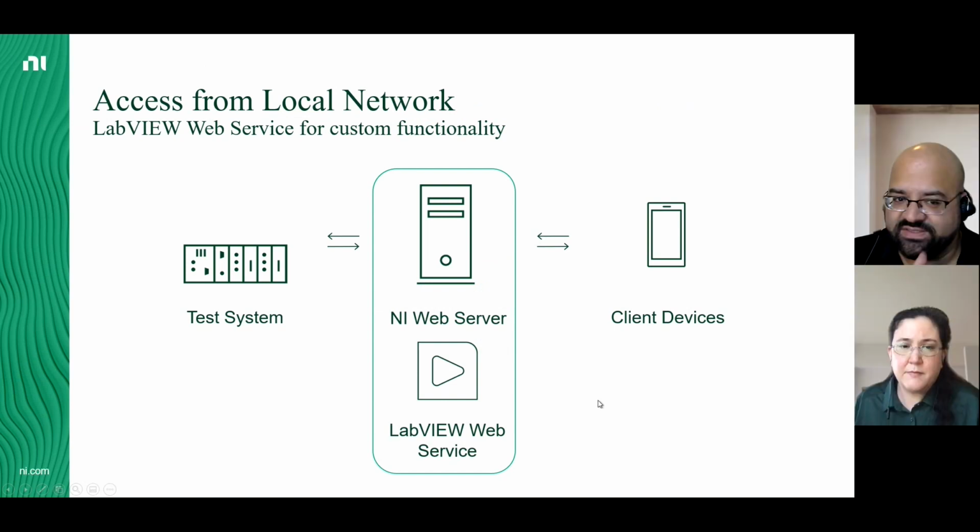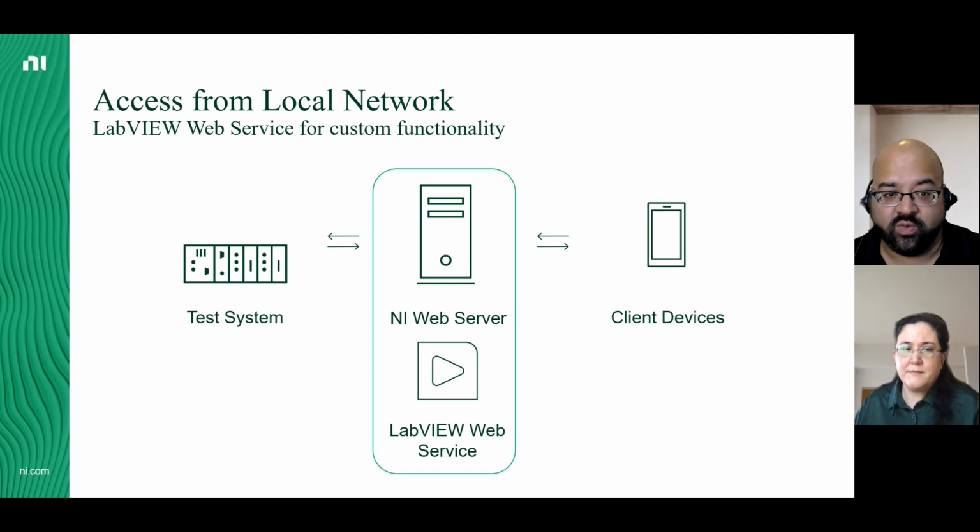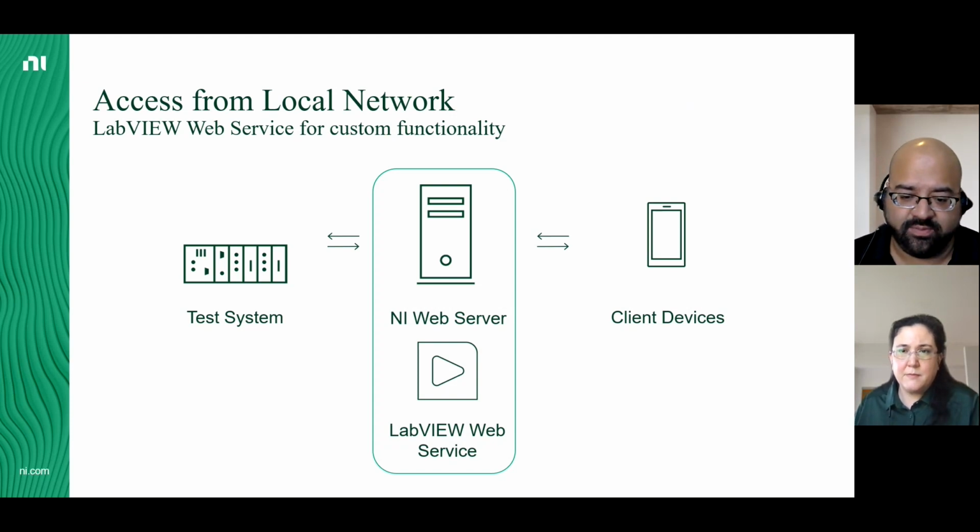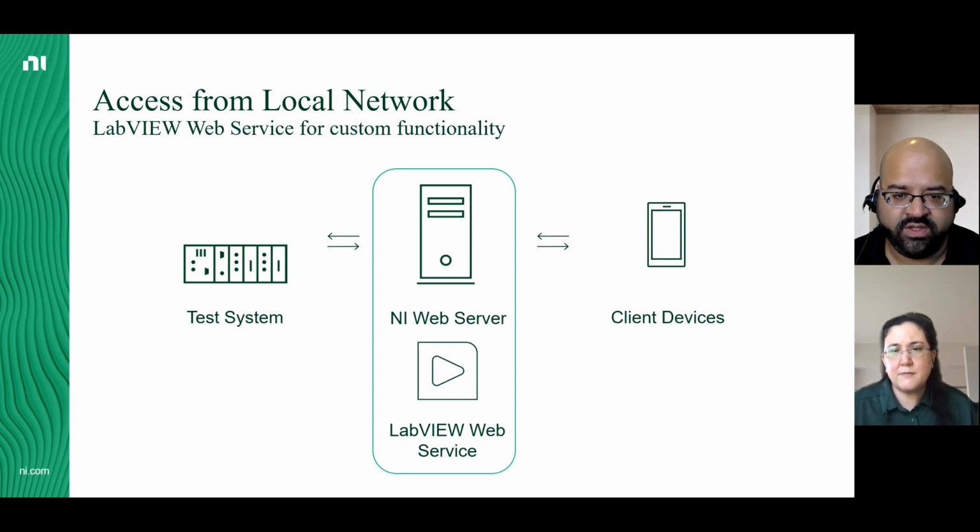So now we're going to talk about some other ways you can modify your local NI web server based deployment for G Web. So one option is, since LabVIEW 2020, you've been able to deploy custom LabVIEW web services to the NI web server.